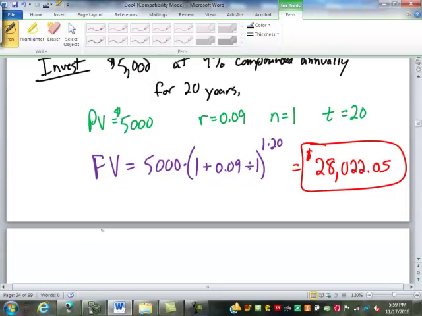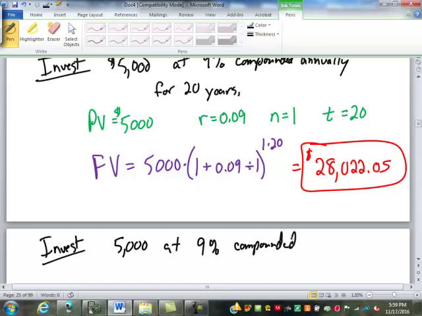So now let's change this up. I'm going to invest that same $5,000, still at 9%, compounded monthly for 20 years.